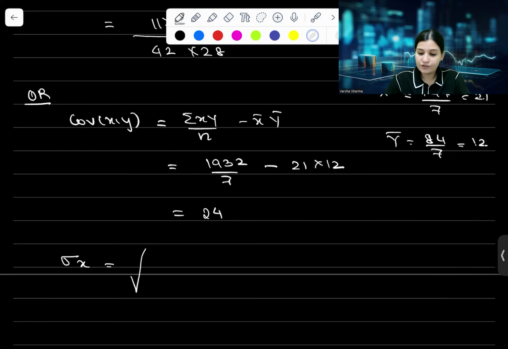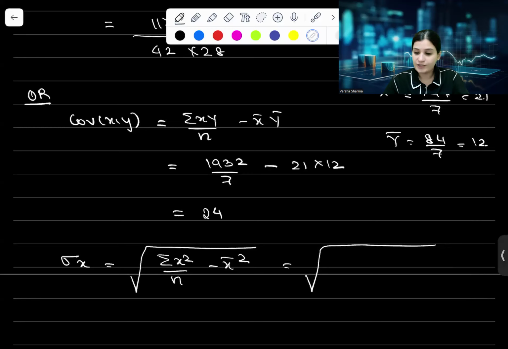then standard deviation of x, from summation x square, is 6.